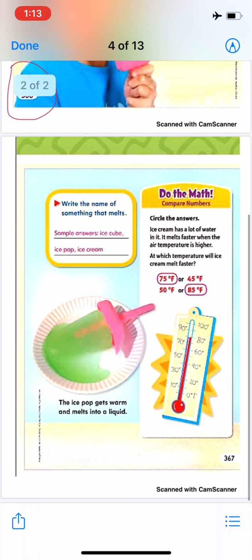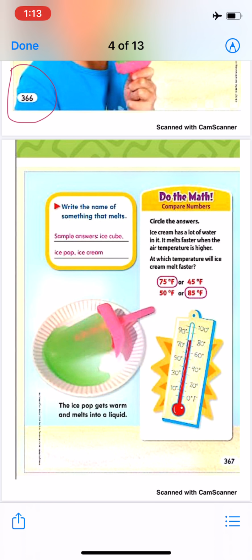Now, page 367. Now, before I explain what they are telling us in here and we go through the exercise, let's remember that if anyone asked us what happens to something when it freezes, especially the water or the juice, it turns from liquid to solid.